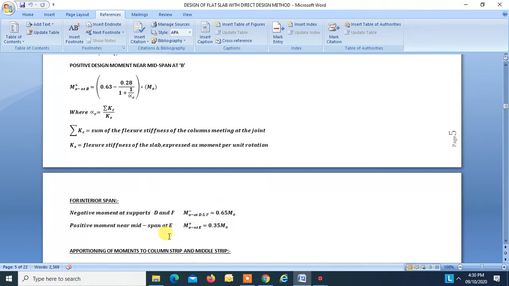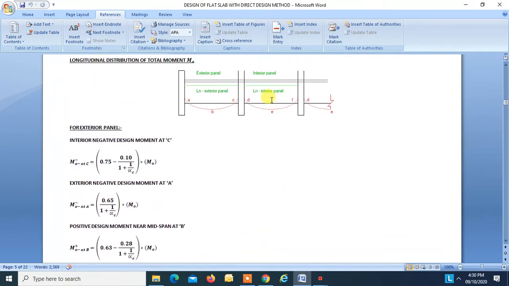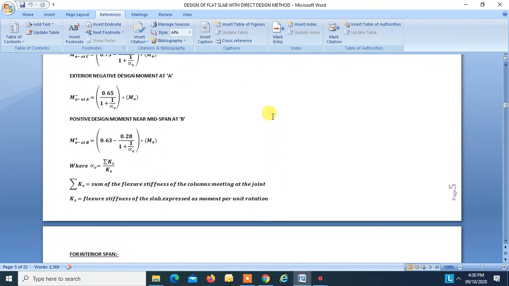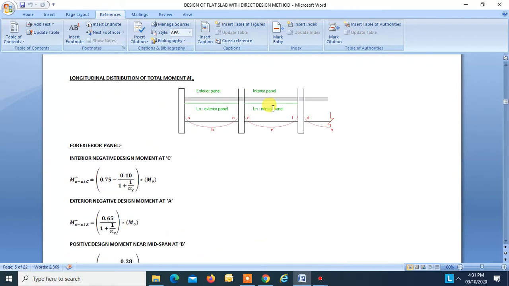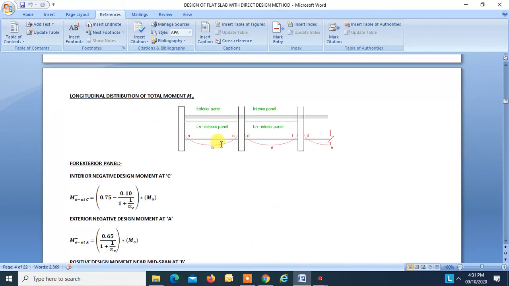And positive moment near the midspan E has to be 35% of the total design moment. So once you distribute the total design moment longitudinally, by this formula we have distributed our total moment longitudinally.